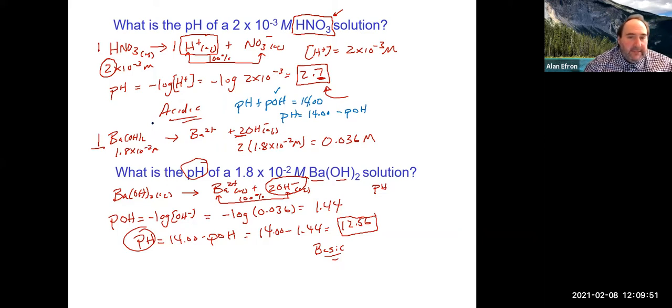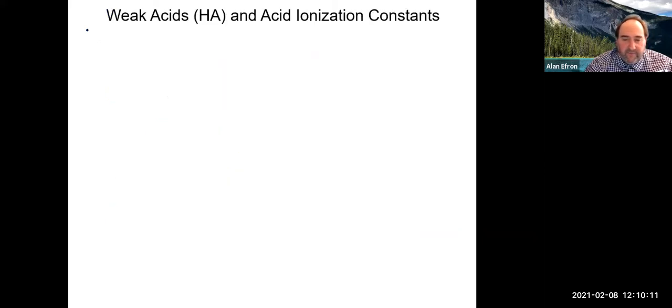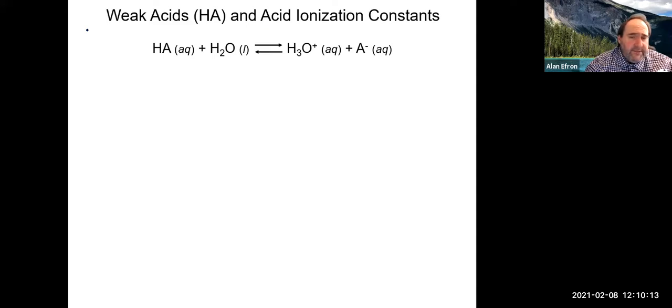And that's really because when we're dealing with weak acids or weak bases, they do not 100% break apart into, say, H plus or OH minus like we have here. It's a back and forth, which means we get only a little bit perhaps of H plus or OH minus that's actually free in solution.